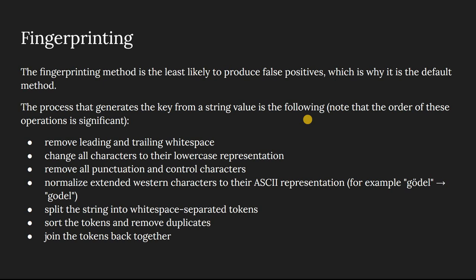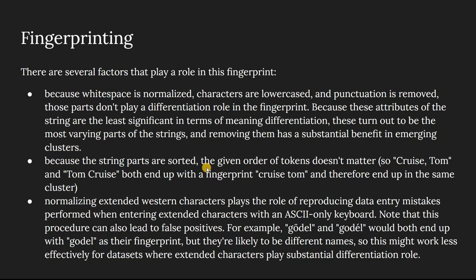The process that generates the key from a string value is the following: removing the leading and trailing white space, changing all the characters to their lowercase representation, removing all punctuation and control characters, normalizing the extended Western characters to their ASCII representation, splitting the string into white space separated tokens, sorting the tokens and removing duplicates, and joining the tokens back together.